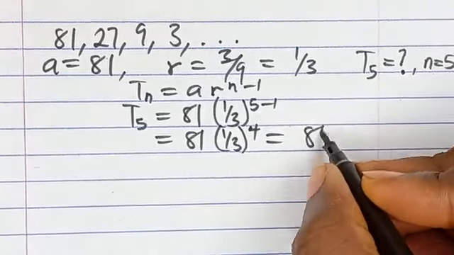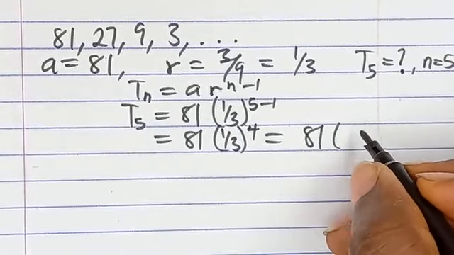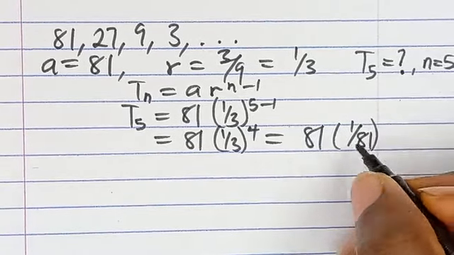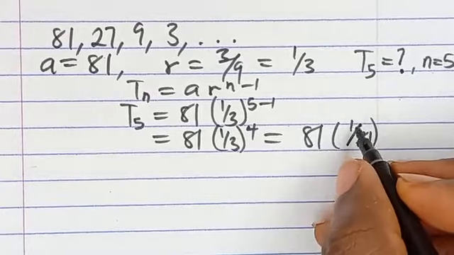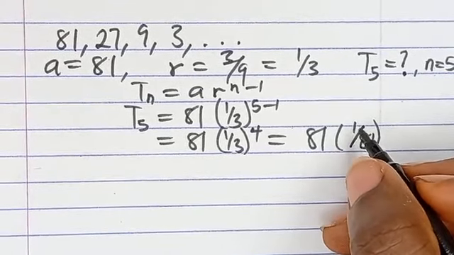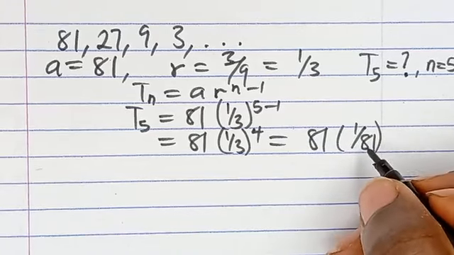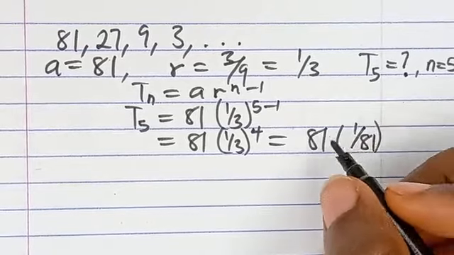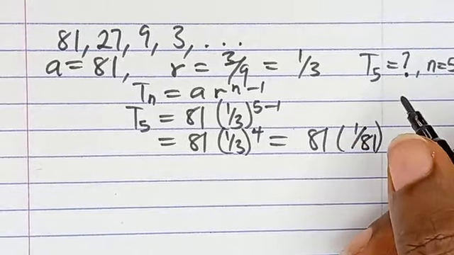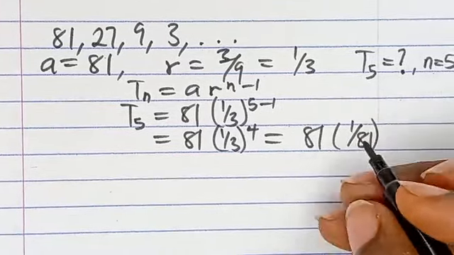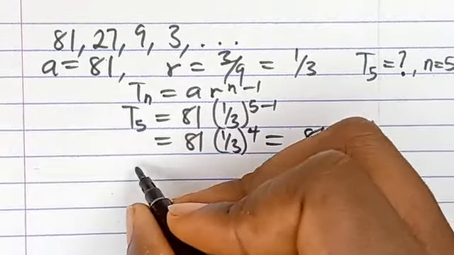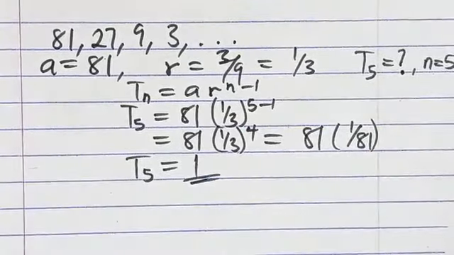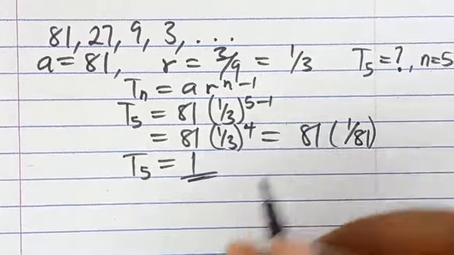So this gives us 81 into 1 over 81, because that's what 3 raised to power 4 is. 1 raised to power 4 is 1, and 3 raised to power 4 is 81. That's 3 times 3, 9 times 3, 27 times 3, 81. So we can divide into this to have that the fifth term is equal to 1. As surprising as that is, but that is what it is.